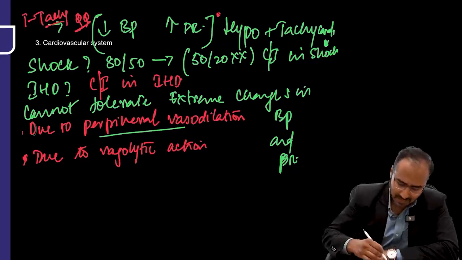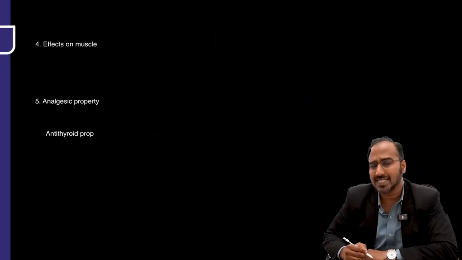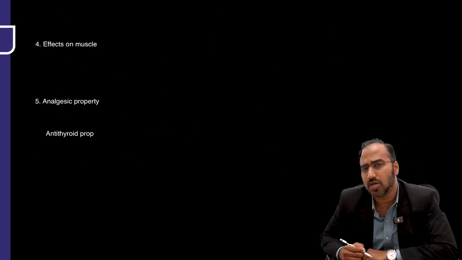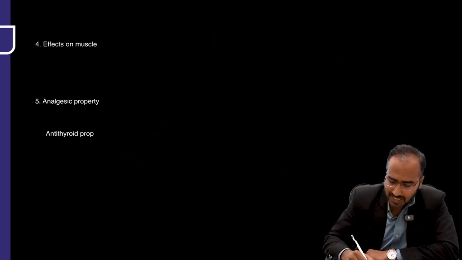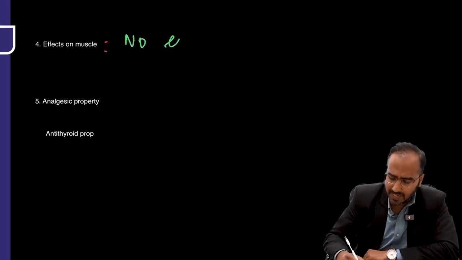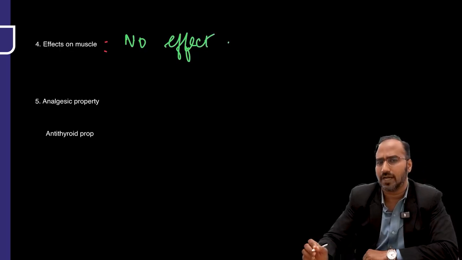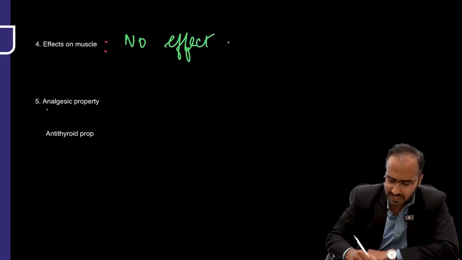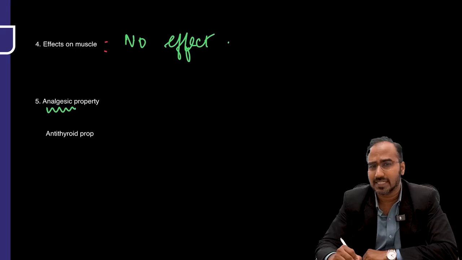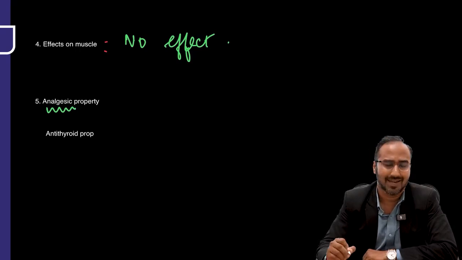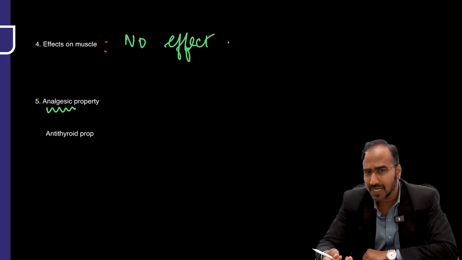What is the next system? Muscle. What is the effect of sodium thiopentone on muscle, sir? Sir, it is an enemy, but there is still no effect. Neither a good effect, neither a bad effect. There is no effect on muscle. Last system is analgesia. Enemy or friend? It's an enemy. So will it produce analgesia?